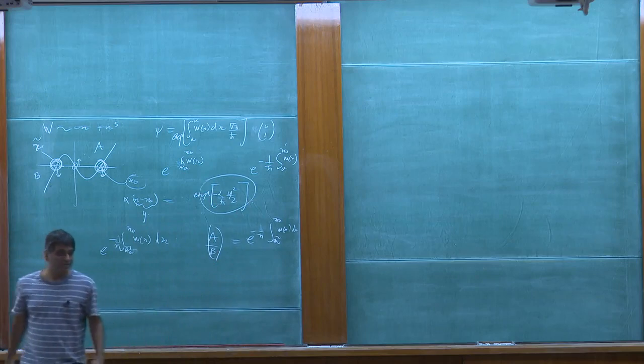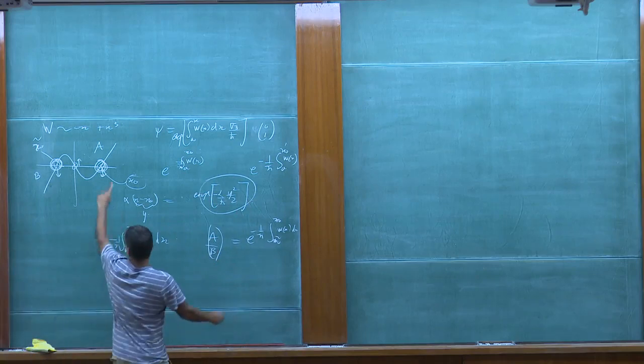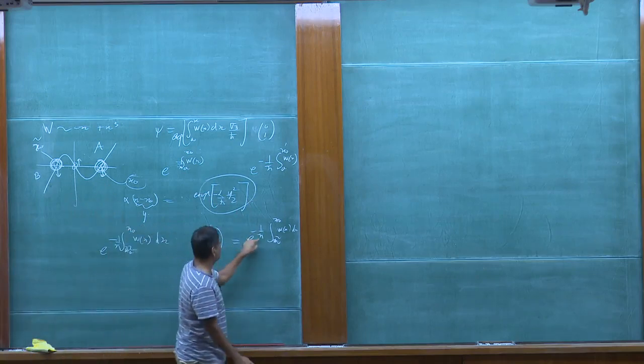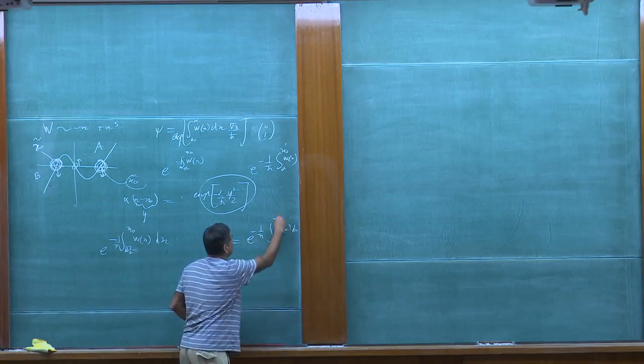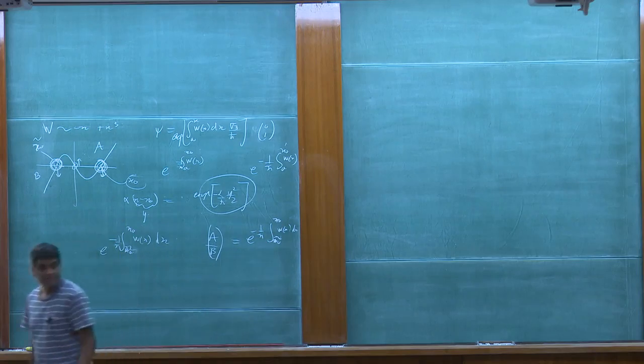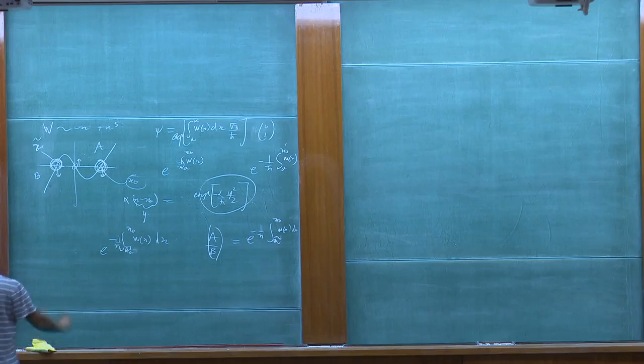Okay? So what we've got is that this A by B is e to the power minus 1 by h bar, integral from x tilde to x naught. Here you use the non-perturbative answer. So if I'm just getting the answer, then we will interpret. Right? We're seeing non-perturbatively that this is true.